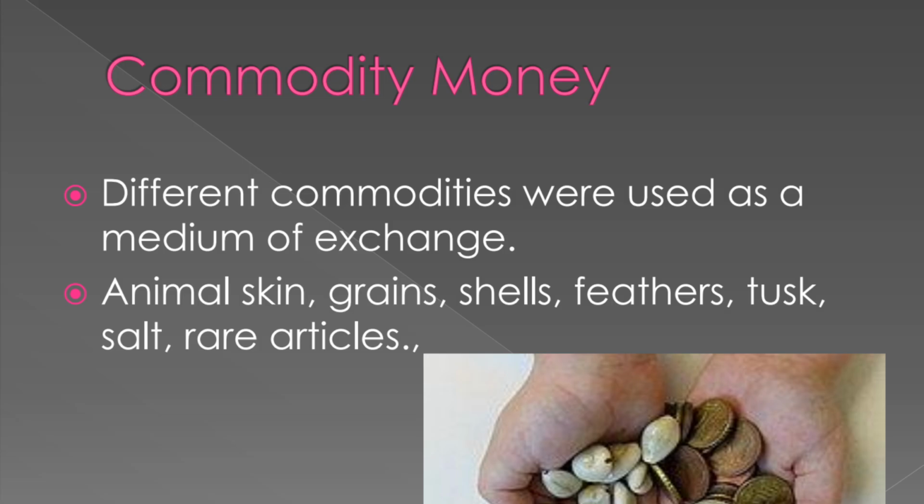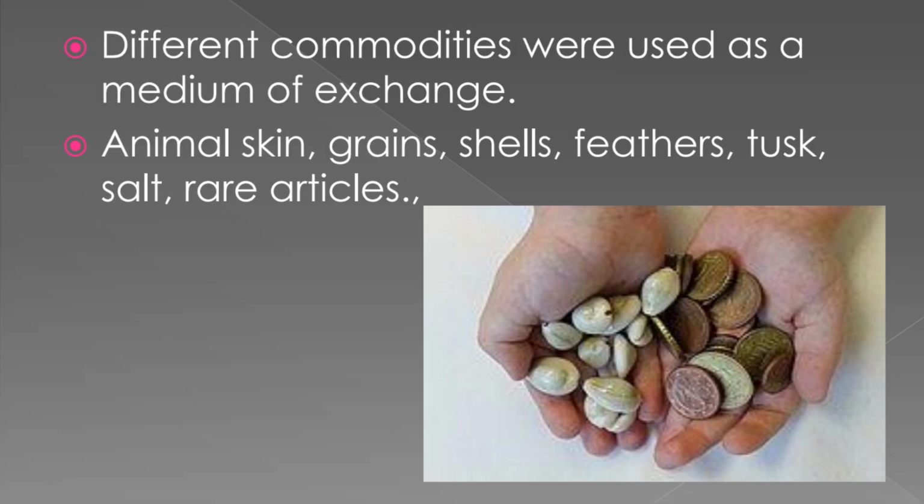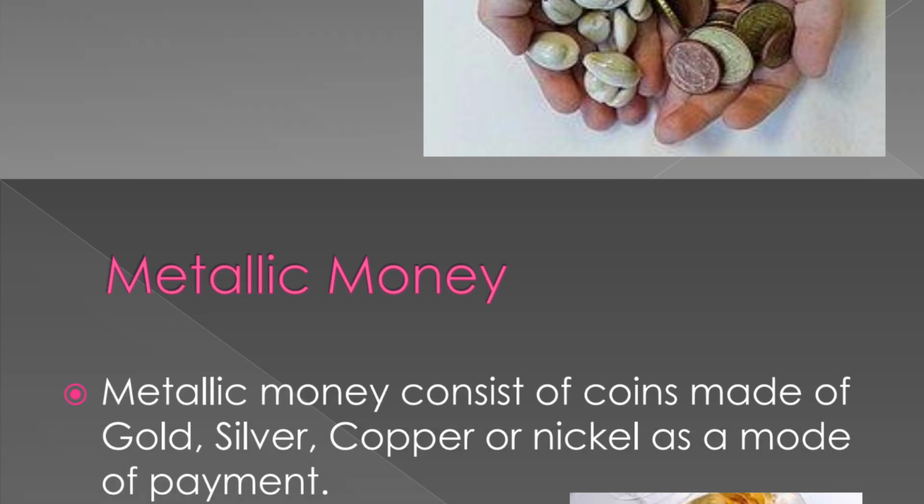In commodity money, for example, animal skin, grains, shells, feathers, rare articles and stones were used as a medium of exchange. But in commodity money, due to some problems of storage of such commodities, metallic money came into existence.